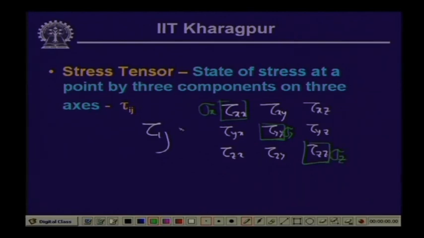So, we have the stress components sigma x, tau xy, tau xz, which are acting on the x plane. We have tau yx, sigma y, tau yz, which are acting on the y plane, and tau zx, tau zy and sigma z, which are acting on the z plane. So, these are the 9 stress components we have at a point.